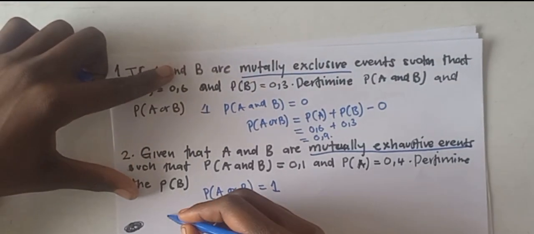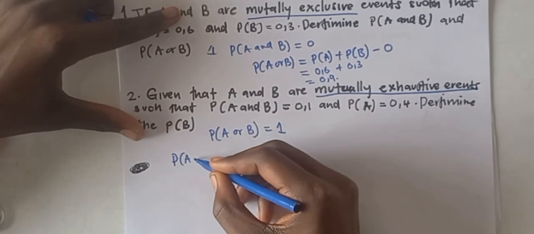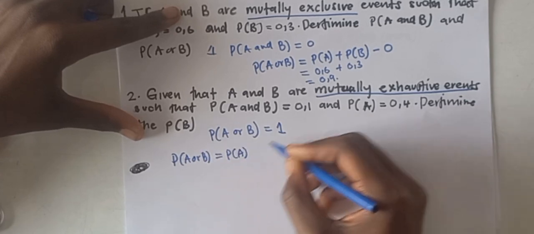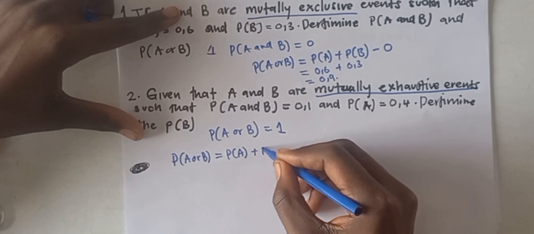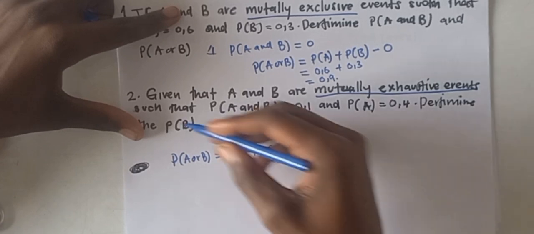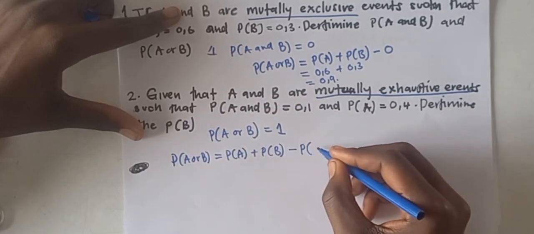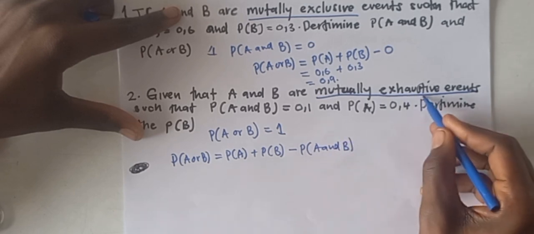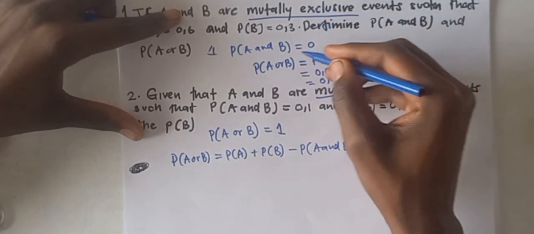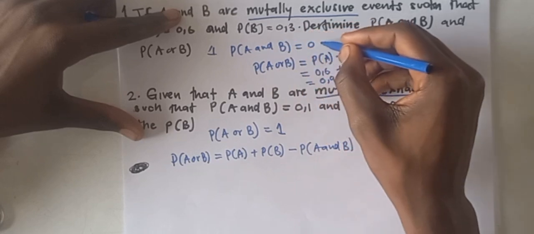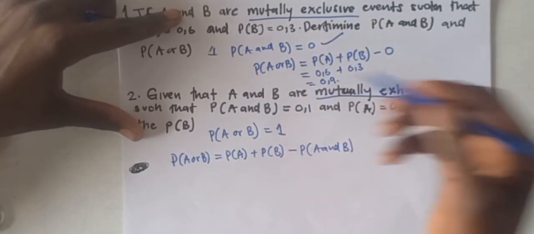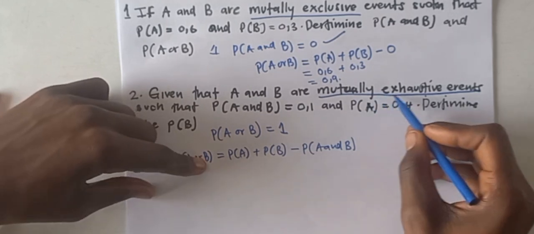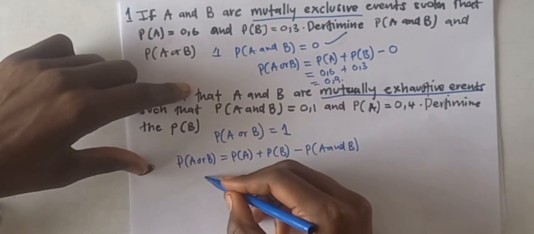We have this formula where the probability of A or B is equal to the probability of A plus the probability of B, which we are looking for, minus the probability of A and B. Remember, exhaustive is different from exclusive. Exclusive is where the probability of A and B must be equal to 0, but here it does not matter. Since it is mutually exhaustive, the probability of A or B is equal to 1.